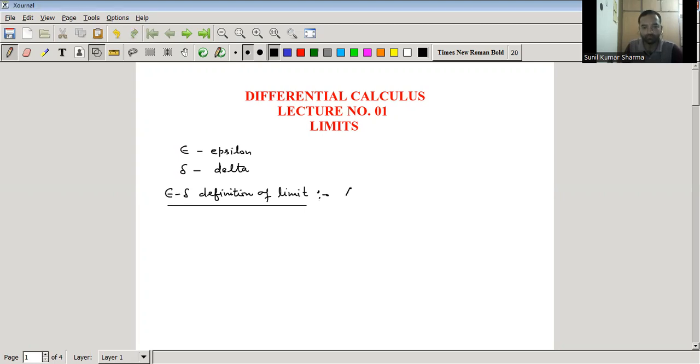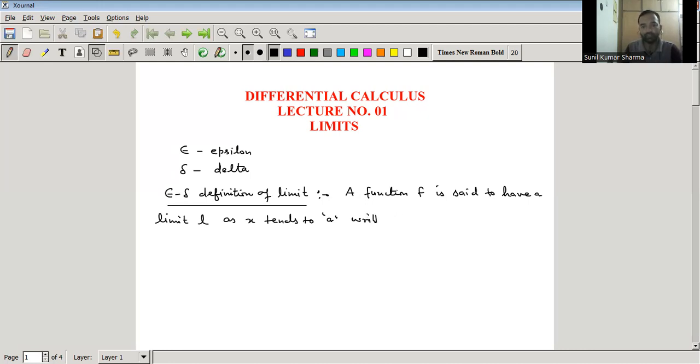A function f is said to have a limit L as x tends to a point a, written as, so when we say a function f has a limit L as x goes to a, as x tends to a, how can we write this?